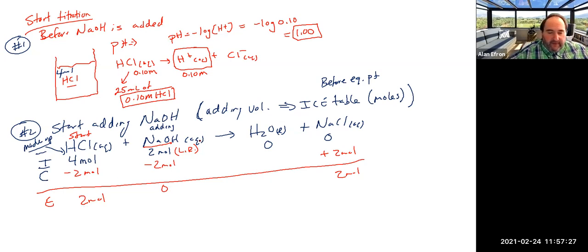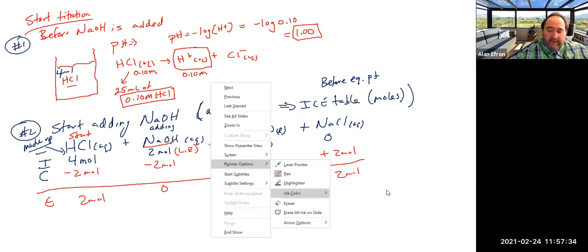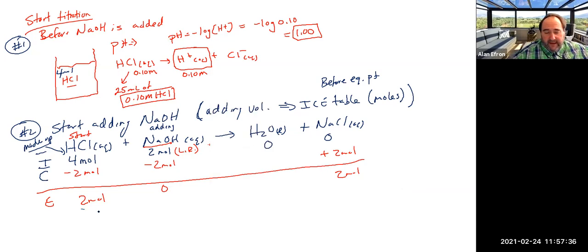So how would we convert it back into molarity at this point? We would need to figure out what the total volume is. So to convert everybody back to molarity, we divide by the liters, which is the total volume at this point.